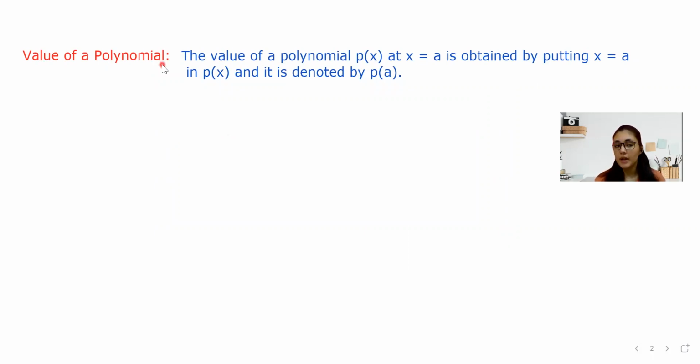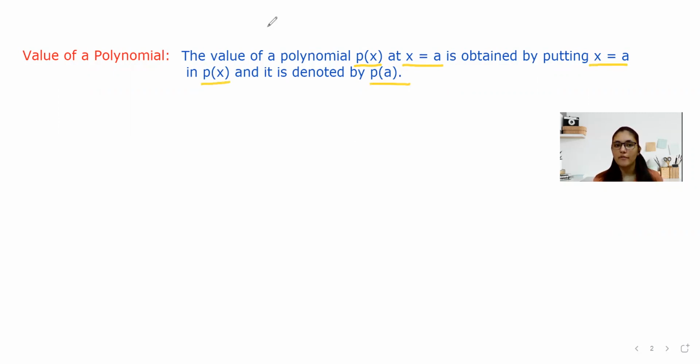Now, what do you mean by the value of a polynomial? It is very easy. So the value of a polynomial p(x), a polynomial p(x) which is given in the question, when x equals a, is just obtained by putting x equals a in p(x), and you will denote it by p(a).